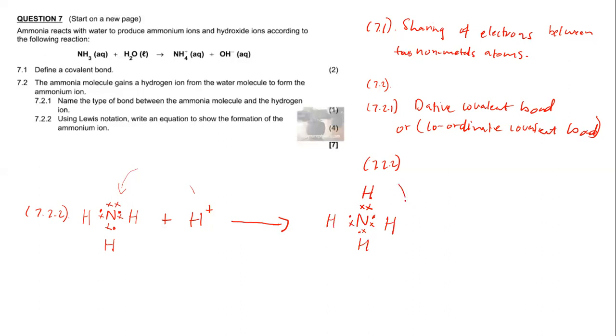Because this molecule is positively charged, it's an ion, we write the brackets and then we write the positive charge over there to show that it is an ion that is positively charged. And therefore for 7.2.2 you get your full marks, which is 4 marks for using Lewis notation, writing an equation to show the formation of the ammonium ion. That's how we solve this.